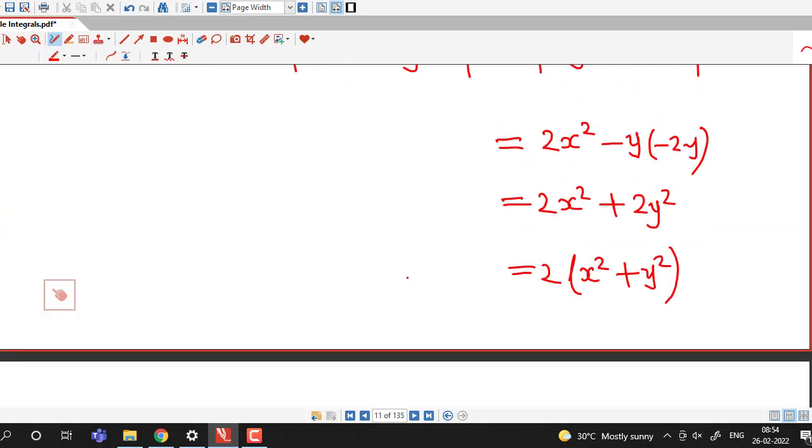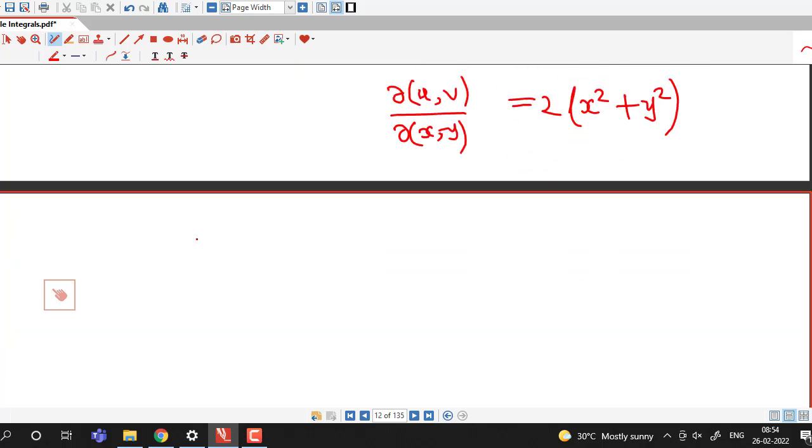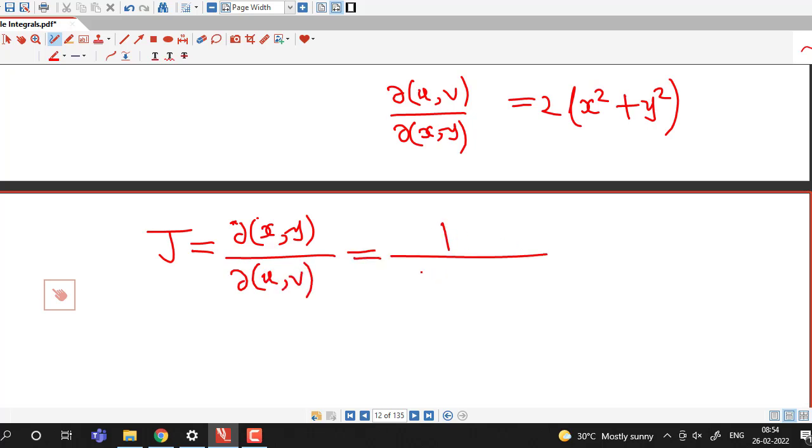So this is the Jacobian of u, v with respect to x and y, using the definition of the Jacobian. Now we are interested in the Jacobian of x, y with respect to u and v. This is equal to 1 divided by the Jacobian of u, v with respect to x and y, and this we have obtained.